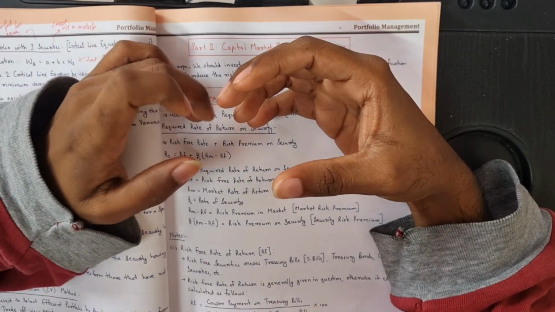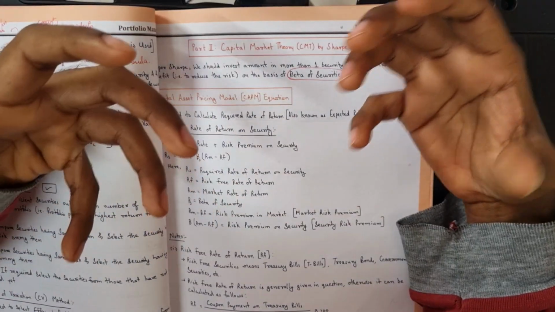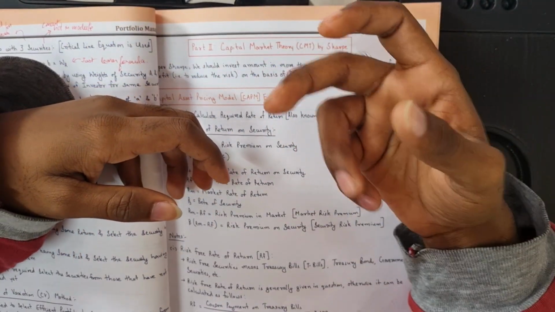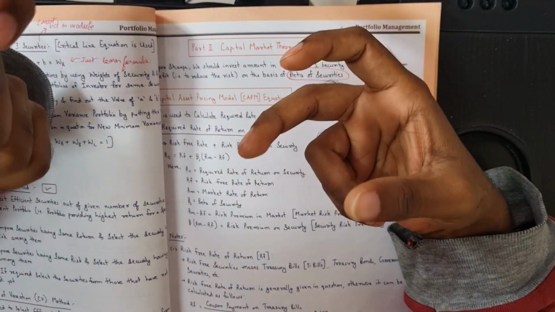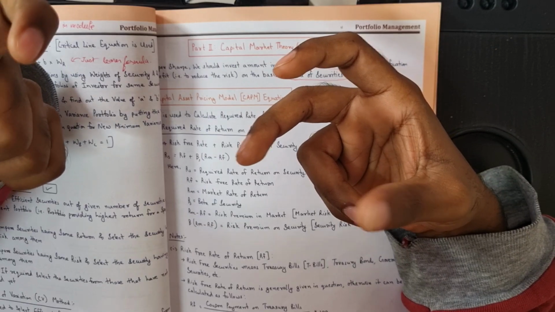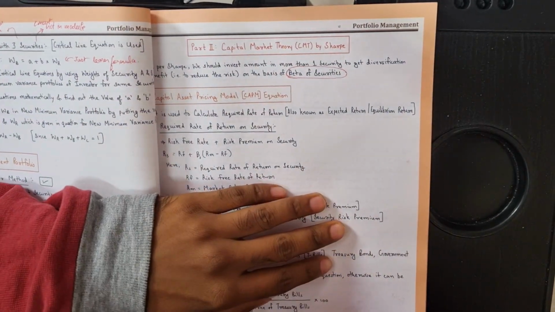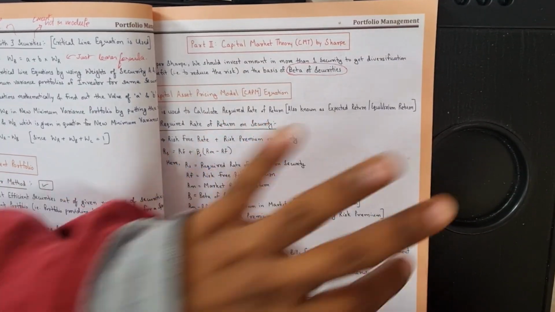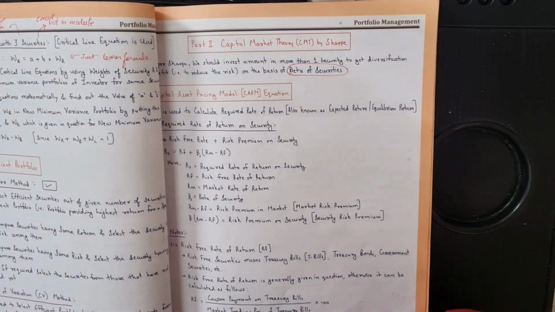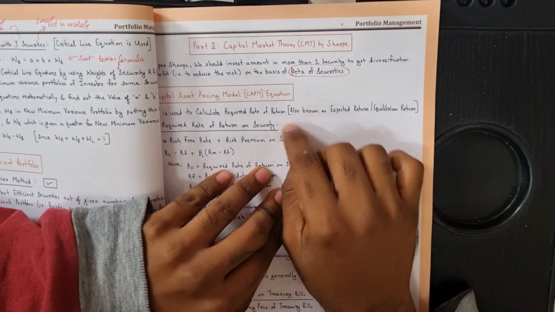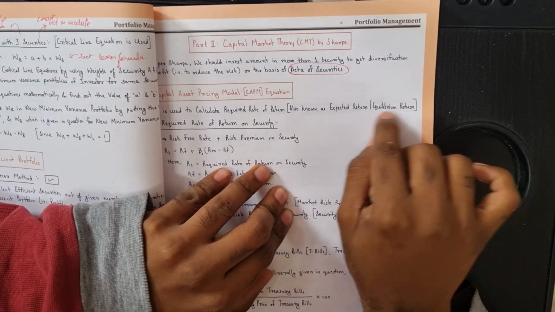After you get the value, you get expected return, and your actual return will be different. But here Sharpe says your required rate and expected rate will be equal, so it is also known as equilibrium return.